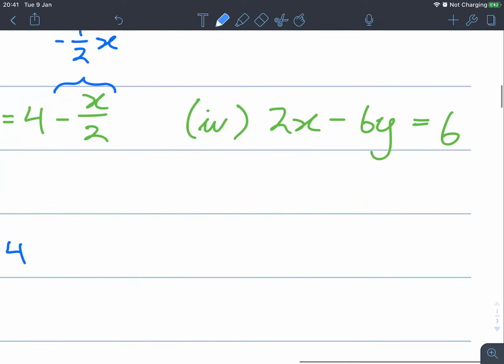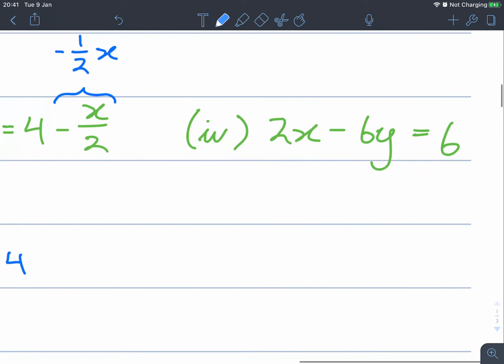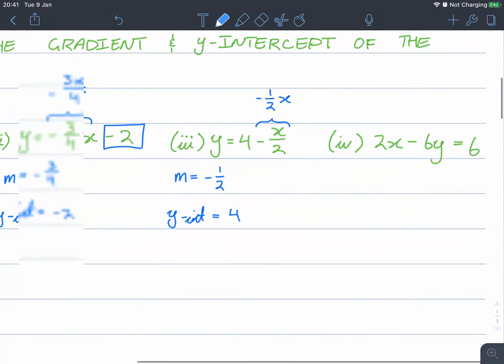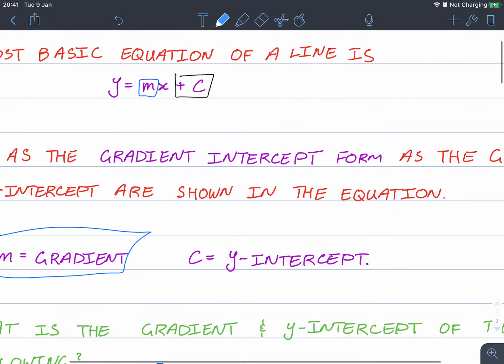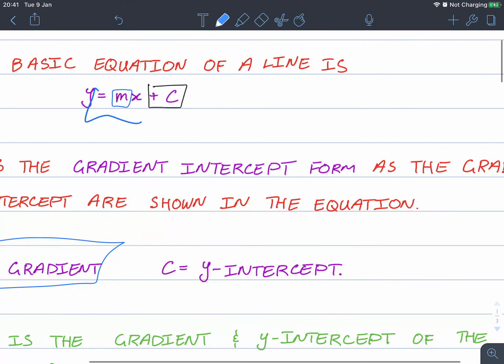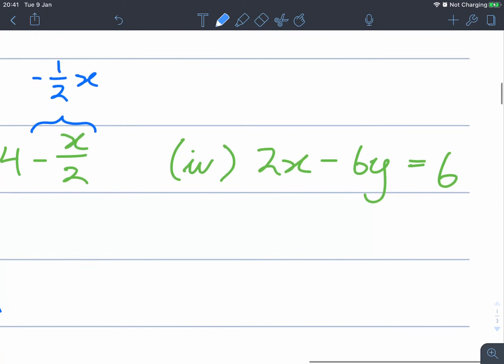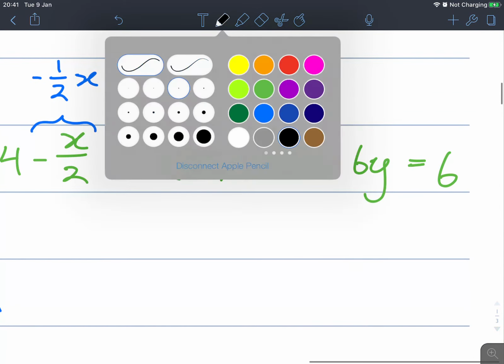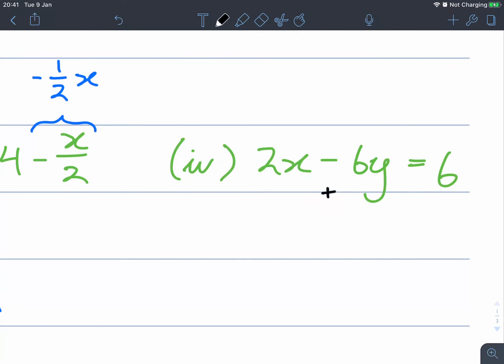In this last equation, it's much more difficult because it's in a different form. So what we do is rearrange the equation so it looks like y equals mx plus c. Let's rearrange this. I'll do this by first adding 6y to both sides.